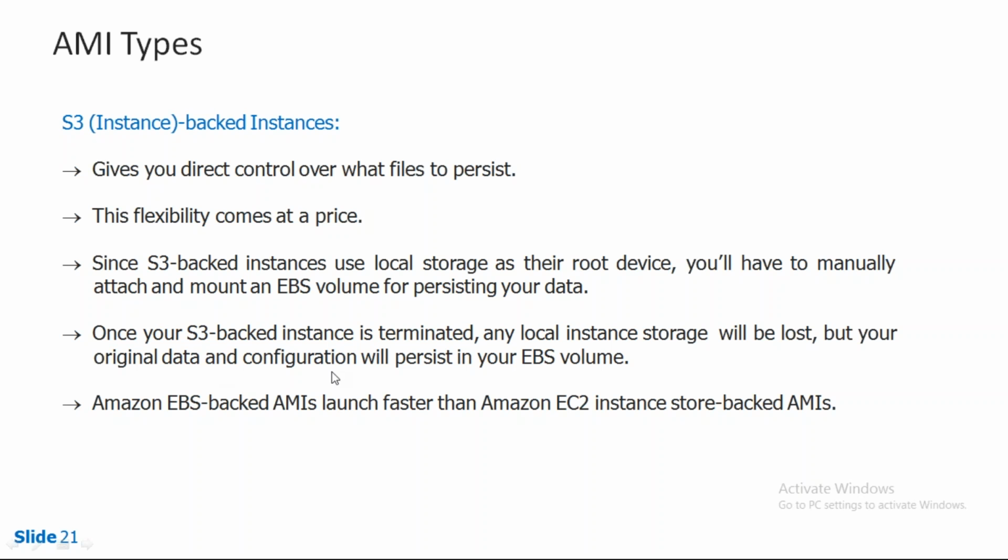Once your S3 backed instance is terminated, any local storage will be lost, but your original data and configuration will persist in your EBS volume. So whenever you want to keep your data, you should have an EBS volume. Amazon EBS backed AMIs launch faster than Amazon EC2 instance store backed AMIs.